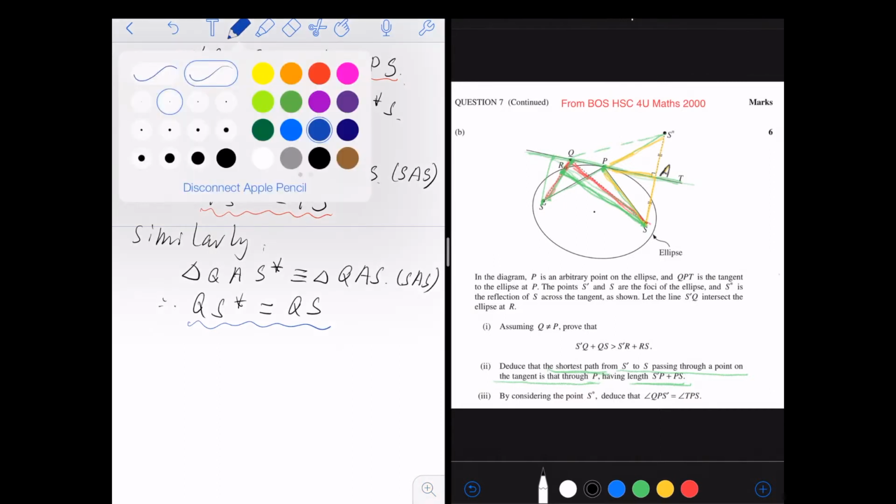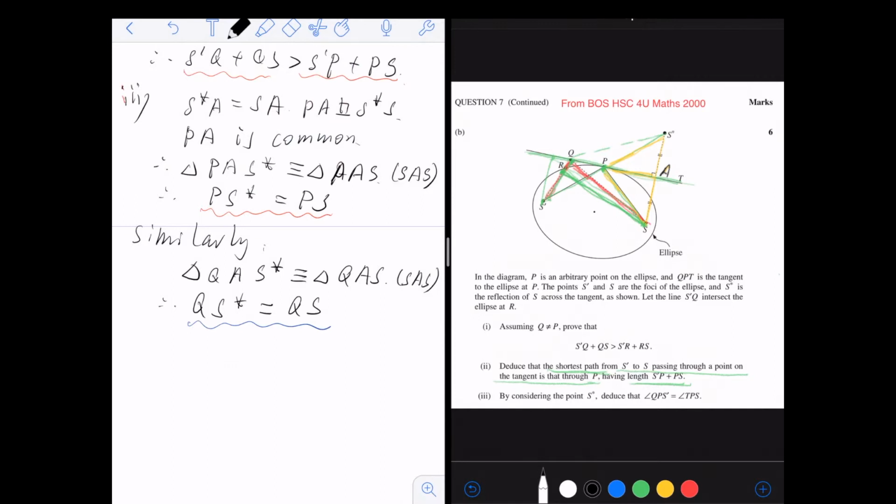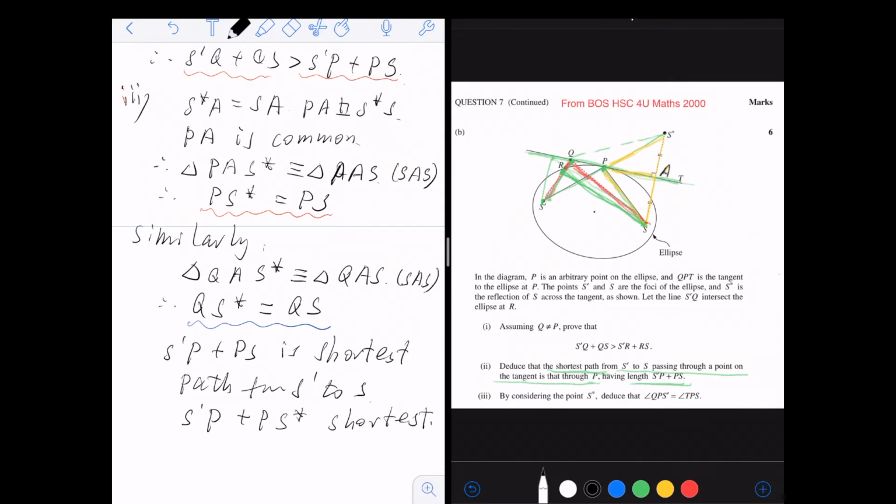We know we have previously that S dash P plus PS is the shortest distance path from S dash to S. Which means S dash P plus PS star is also the shortest, because PS star is equal to PS. Therefore, this is also shortest.